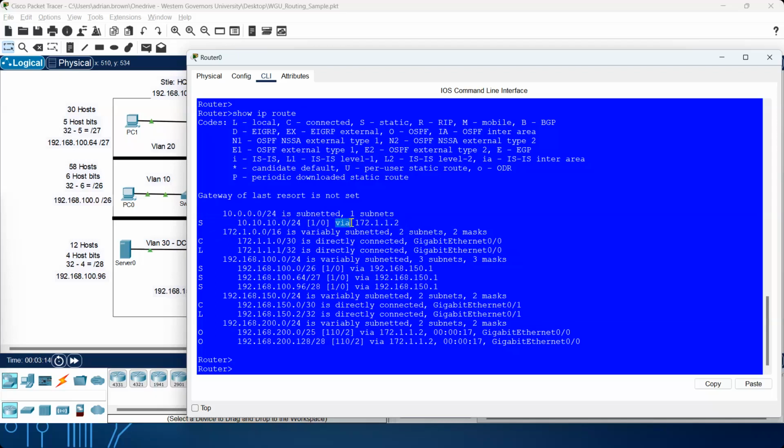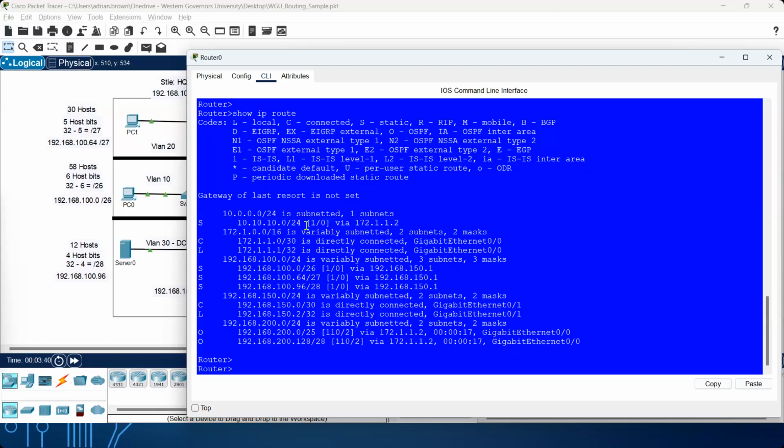This is known as a next hop address. That's the next router in line. So to get to the 10.10.10.0 network, I will get there by sending my packets to the router with the IP address 172.1.1.2. Okay? Versus directly connected routes.